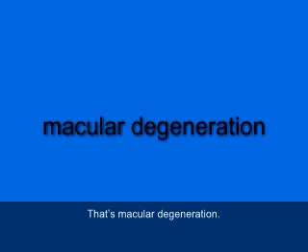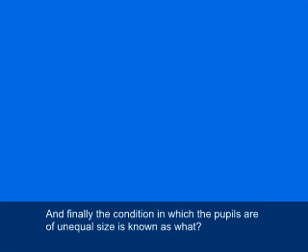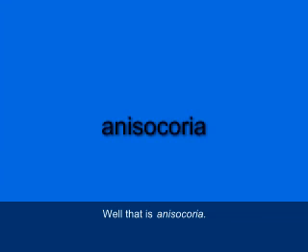And finally, the condition in which the pupils are of unequal size is known as what? Well, that's anisocoria.